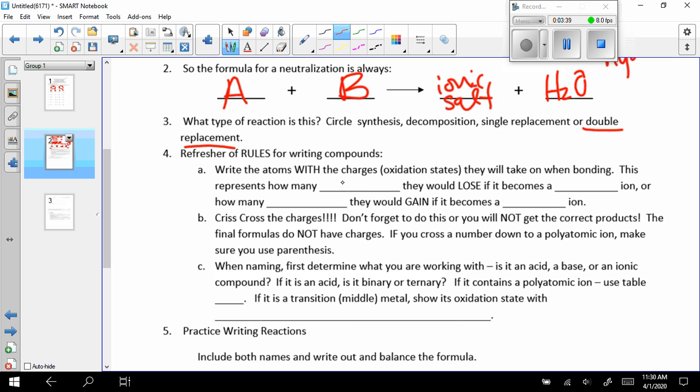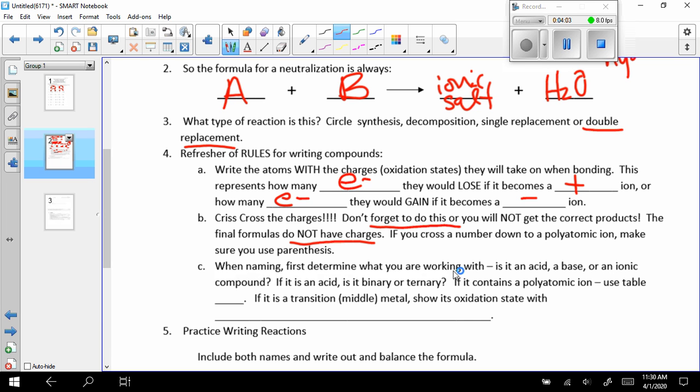This represents how many electrons they would lose if it becomes a positive ion, or how many electrons they would gain if it becomes a negative ion. Crisscross the charges. Don't forget to do this or you will not get the correct products. The final formulas do not have charges. If you cross a number down to a polyatomic ion, make sure you use parentheses.